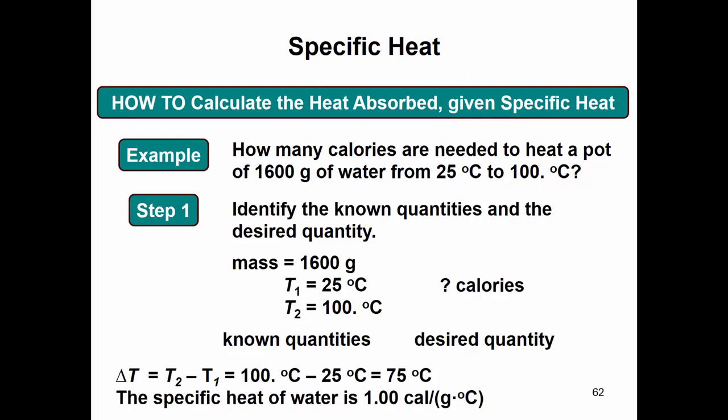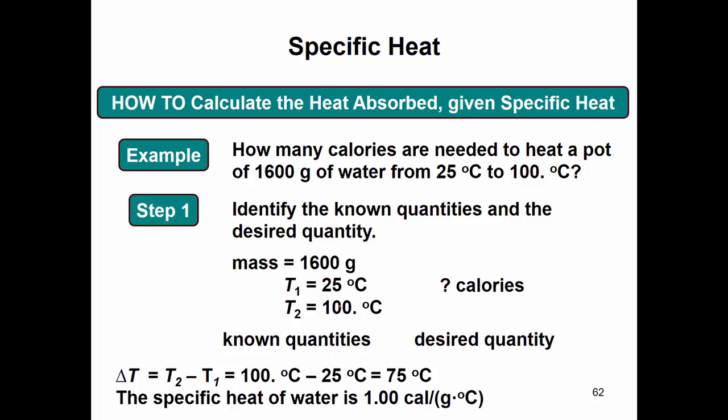So we can use specific heat to calculate the heat absorbed. You do not have to memorize specific heat values, or in my class anyways. So here's an example. How many calories are needed to heat a pot of 1,600 grams of water from 25 degrees to 100 degrees?